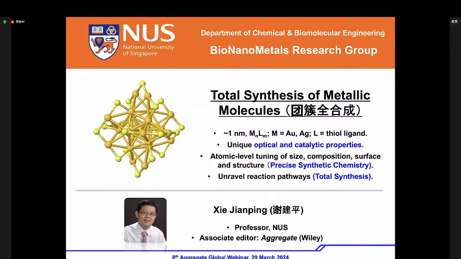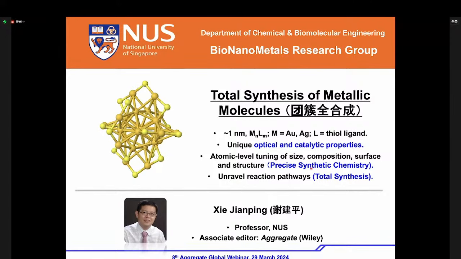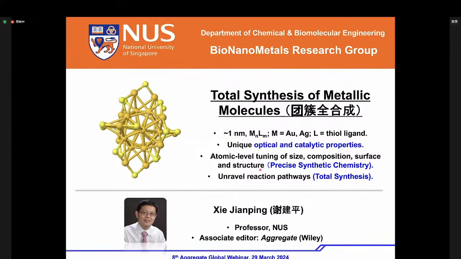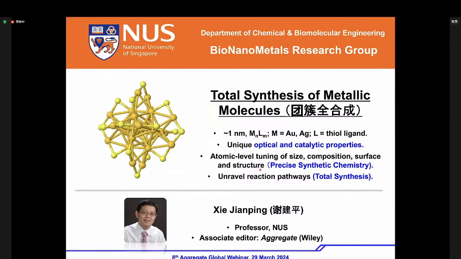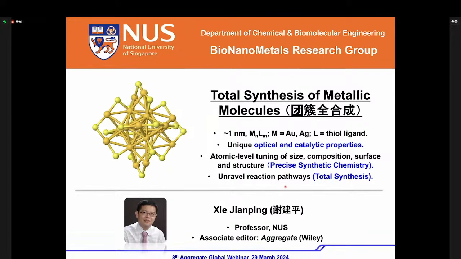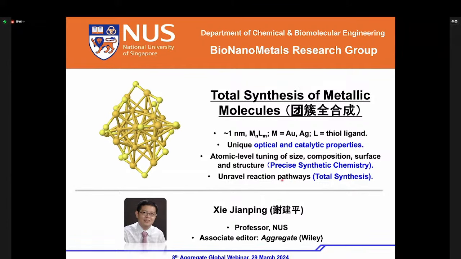Today my talk will be focused on the first one, what we call precise synthetic chemistry. For these metallic molecules, at the atomic level, we want to control the size, composition, surface, and structure. To develop a precise synthetic chemistry, we need to understand how they form. So the focus of my talk will be the total synthesis: we want to unravel the reaction pathway of these metallic molecules.